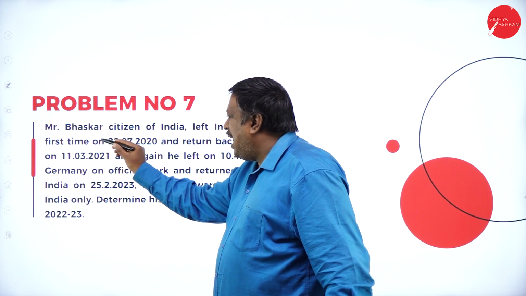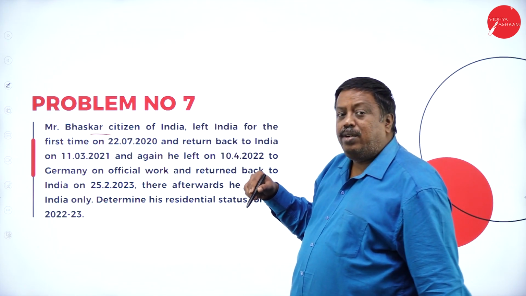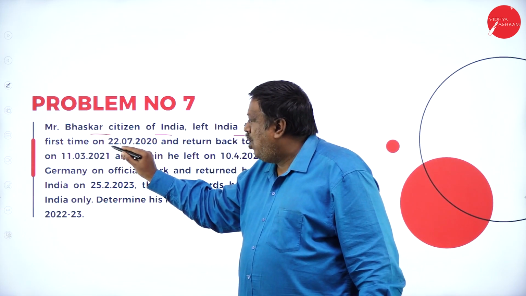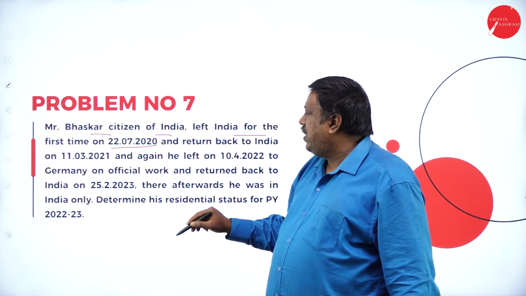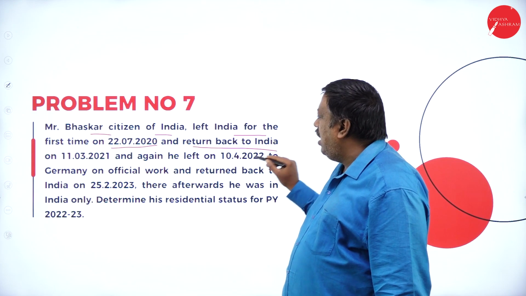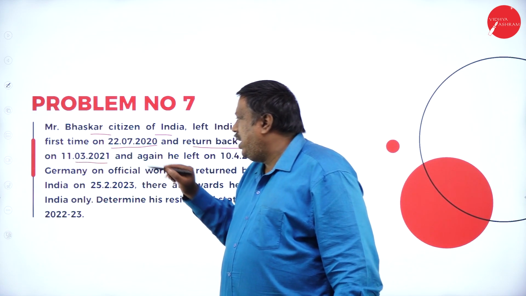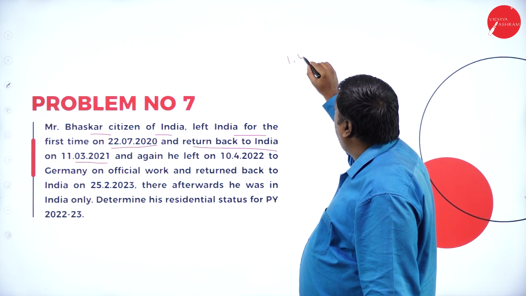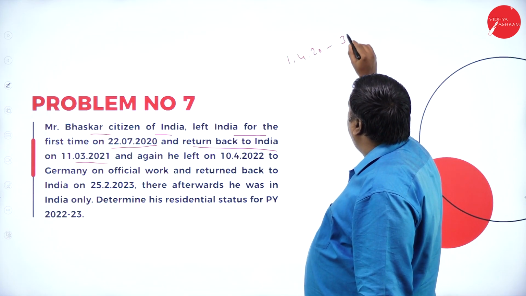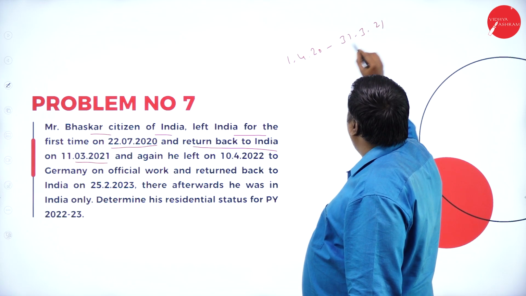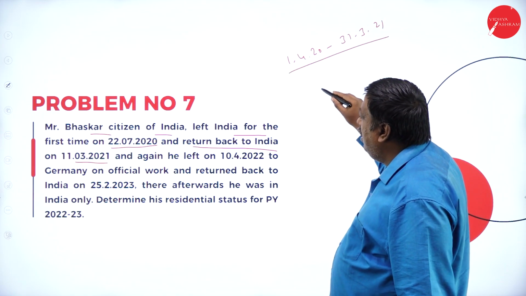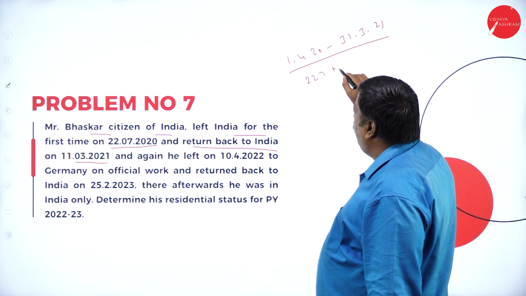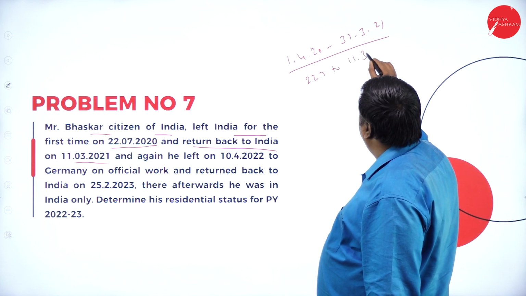First, I'm Mr. Bhaskar. My citizenship is India. I left India for the first time on 22nd July 2020 and returned back to India on 11th March 2021. I was not in India from 22nd July to 11th March.